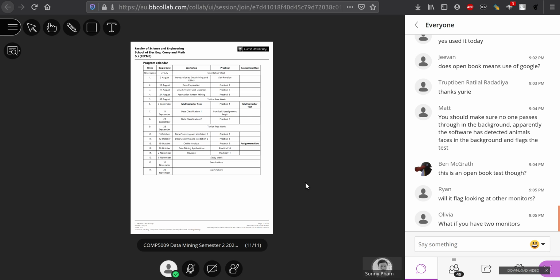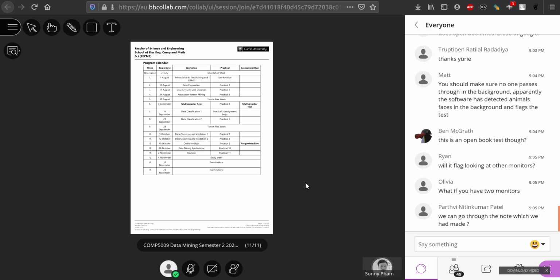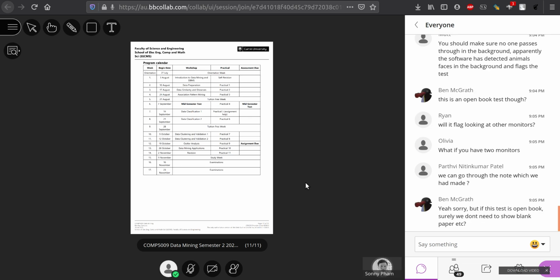Yeah. Okay. So let me make a very clear rule here: you are allowed to have access to your books and notes and so on, but I would not allow you to access the internet for any reason other than accessing Blackboard, accessing the test, or sending me an email, right?